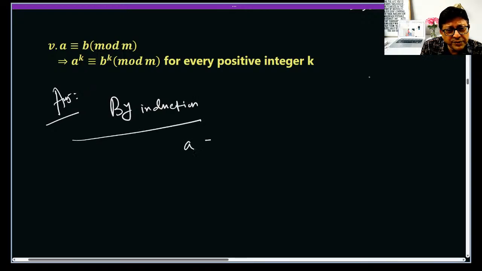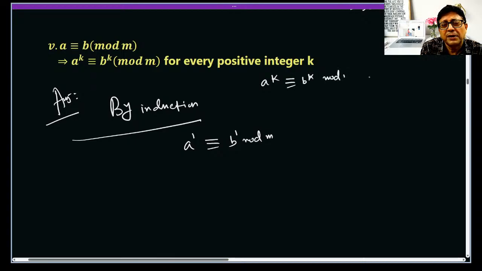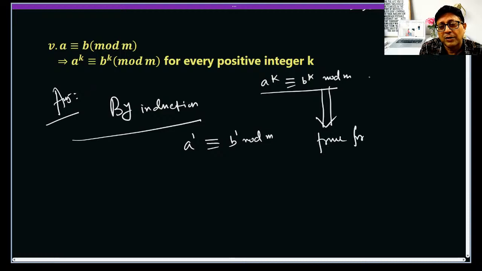A congruent with b mod m. So a to the power 1 is congruent with b mod m. Now this relation is true for k equal to 1.